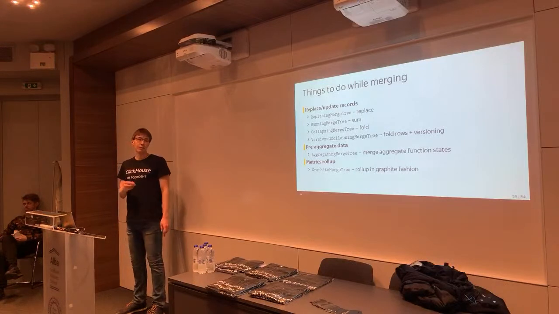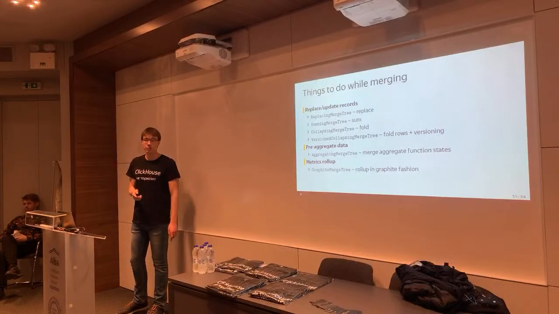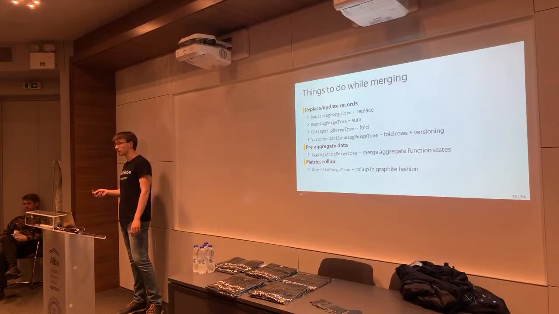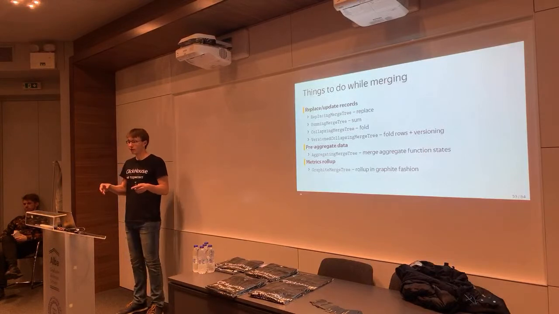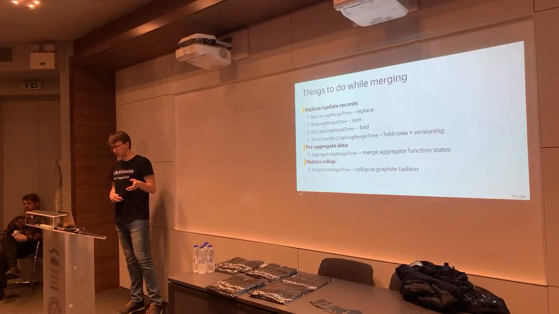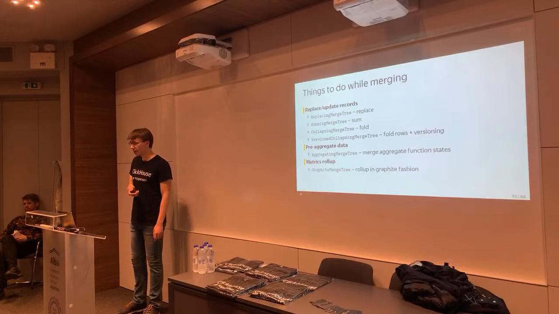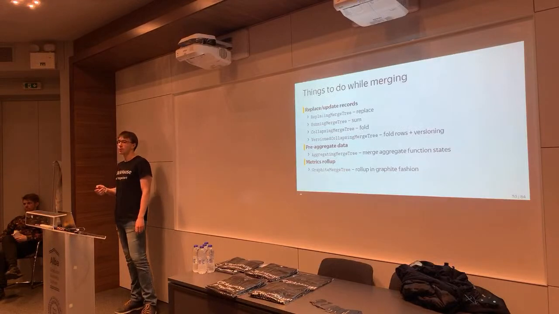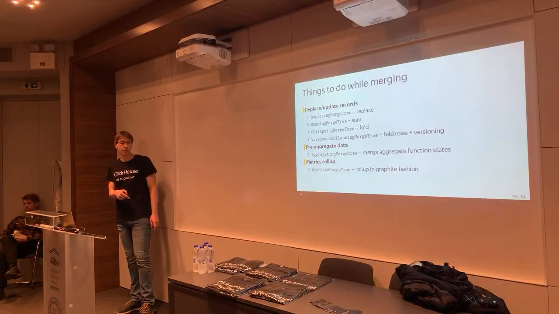Also, it is a very nice feature: ClickHouse allows you to store aggregate function states in your table, so you can actually have pre-aggregated data. And if you need such advanced functionality, AggregatingMergeTree is your friend. And maybe someone heard about the Graphite monitoring system.